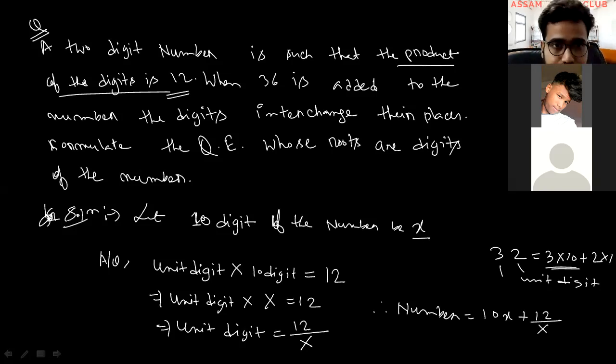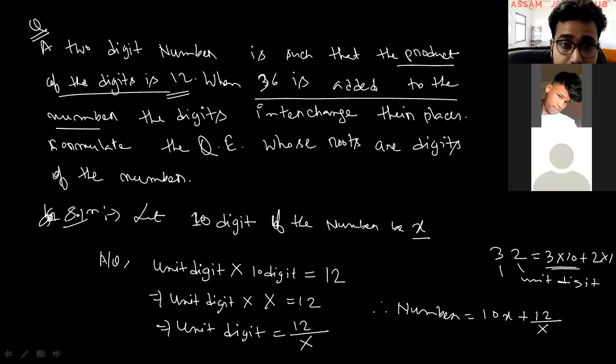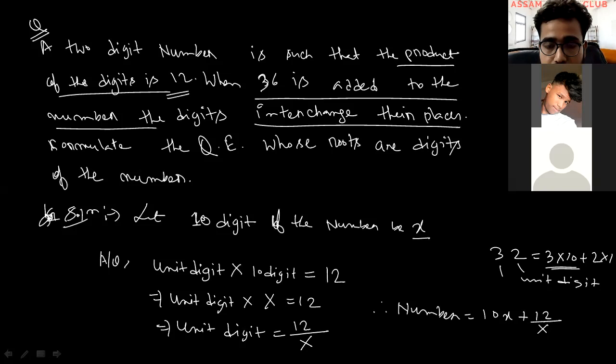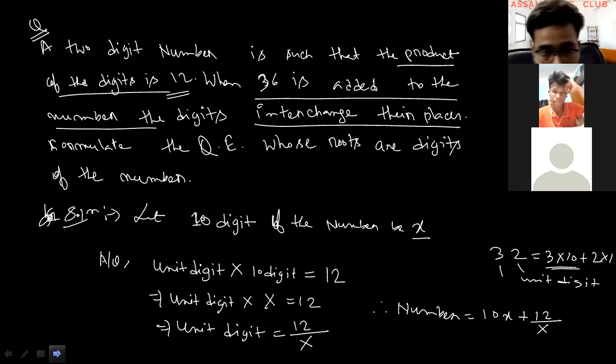Now see the next statement. When 36 is added to the number, that means when we add 36 to the number, the digits interchange their places. That means now x will be the unit digit and 12 by x will be the ten digit. Yes or no? Clear? Yes. So now, what will be your next equation?